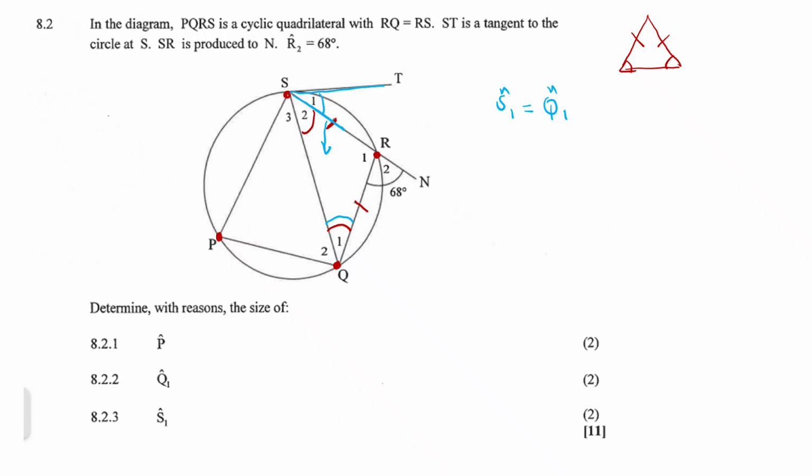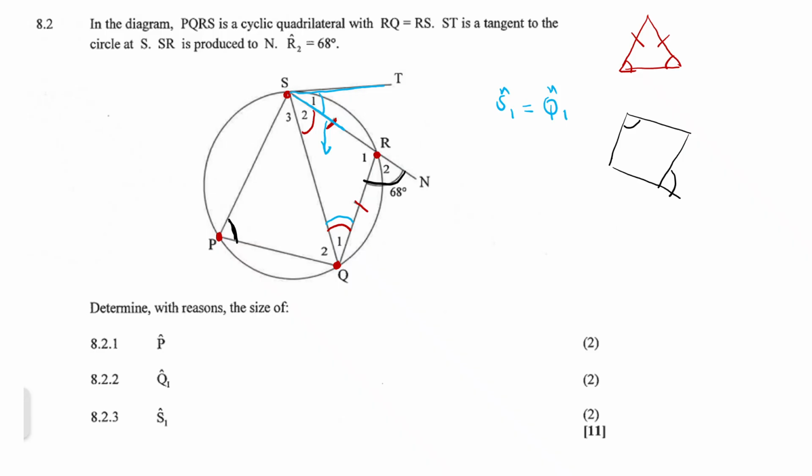Determine with reason the size of angle P. This is my angle P. So angle P is equal to angle R2. The reason is that this is an exterior angle of a cyclic quad. If you have a cyclic quad like this, and all the points are on the circumference, just know that this angle will be equal to the interior opposite angle.